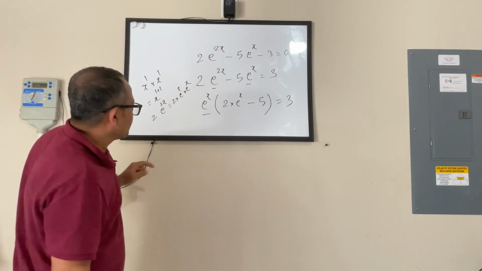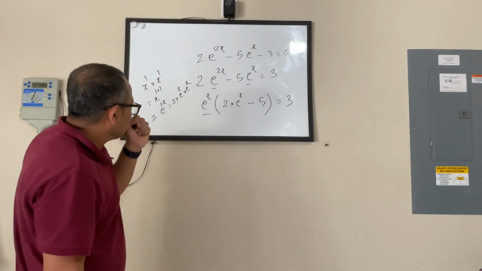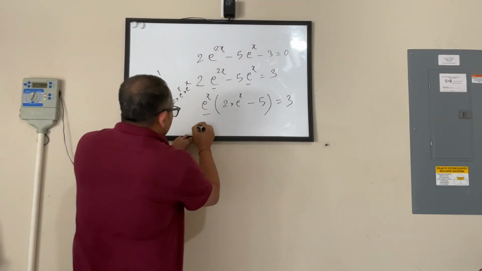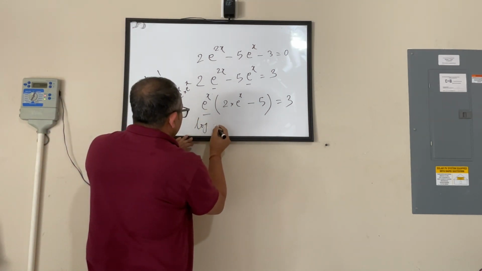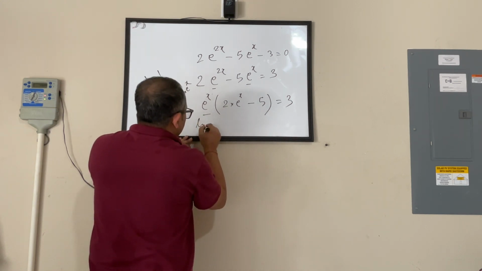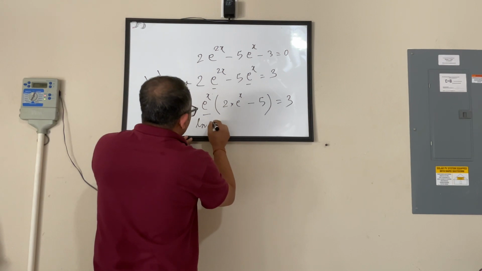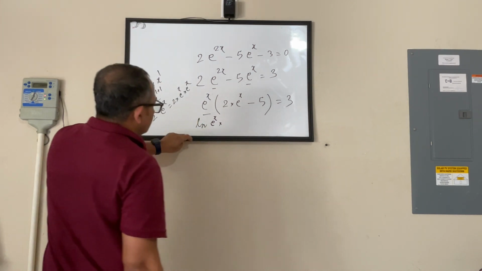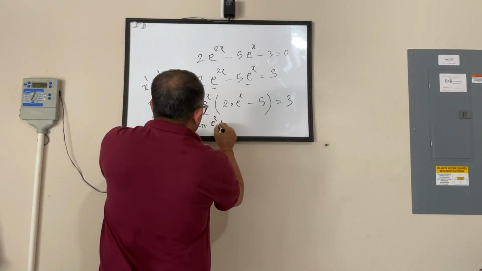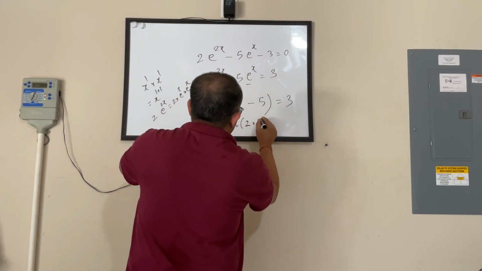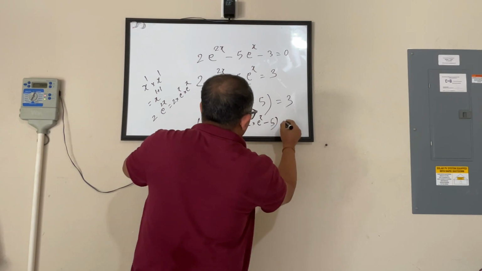So let's do this. Now let's take a log of this. I'll use natural log. So this will become natural log of e to the power x plus natural log of 2 into e to the power x minus 5.